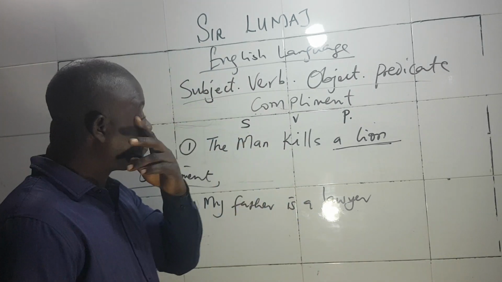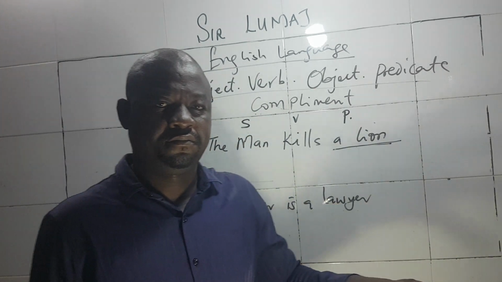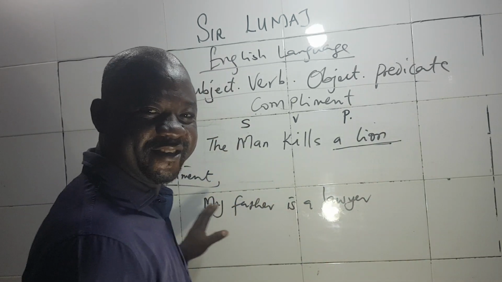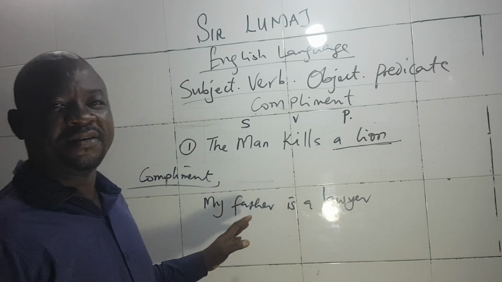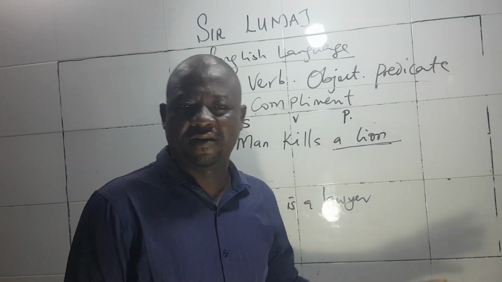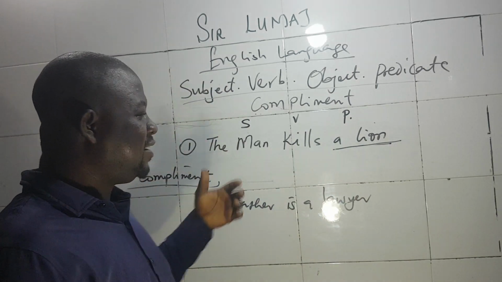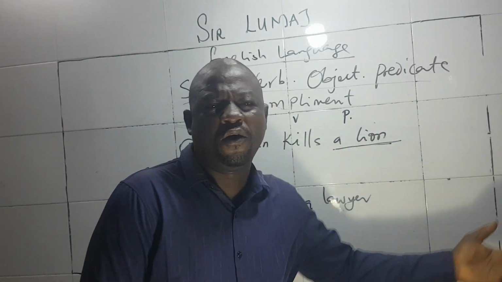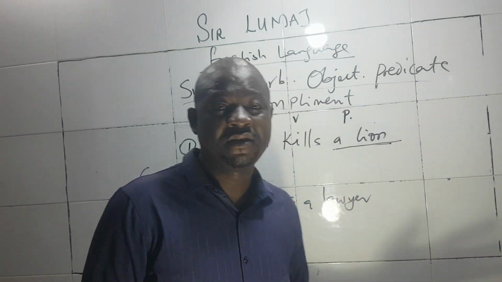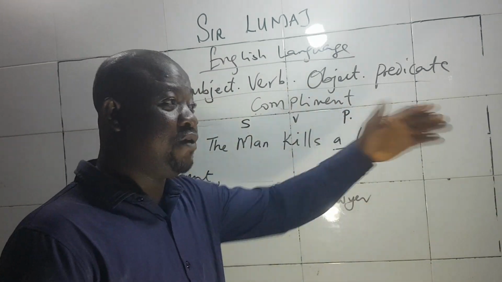You don't see, I'm saying more about my father. I'm trying to complement, that's the word, my father. I'm trying to integrate my father. So complement is saying more, either in positive way or in negative way, about something. Just the way you have your adjective.